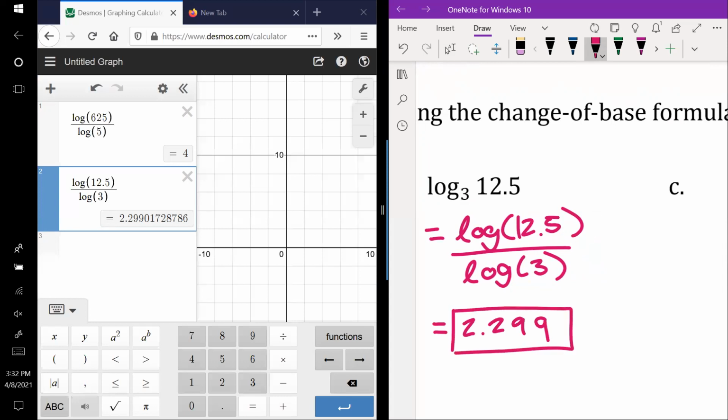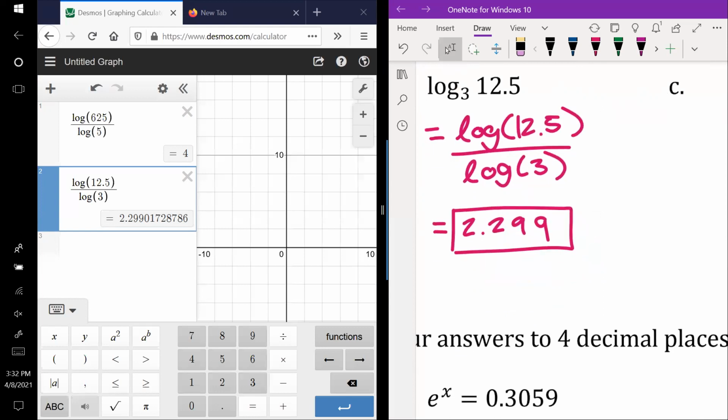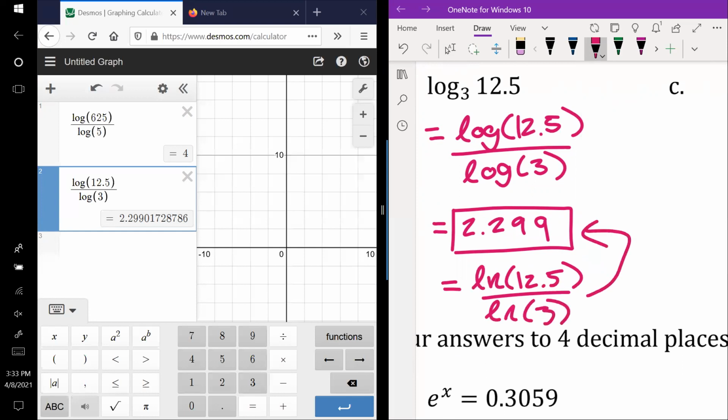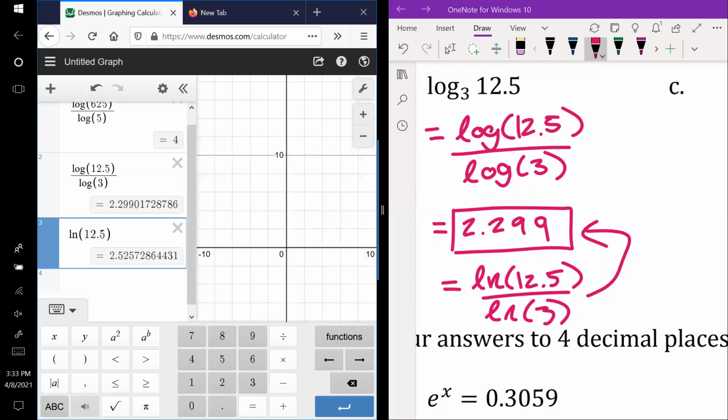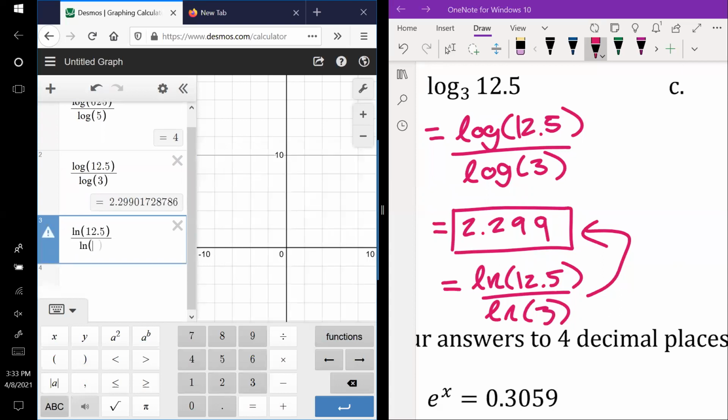Also, by the change of base, it's equivalent to write natural log of 12.5 over the natural log of 3, and you'll get the same exact answer. And I guess I could show that here. 12.5 over the natural log of 3. And we get the same exact answer.